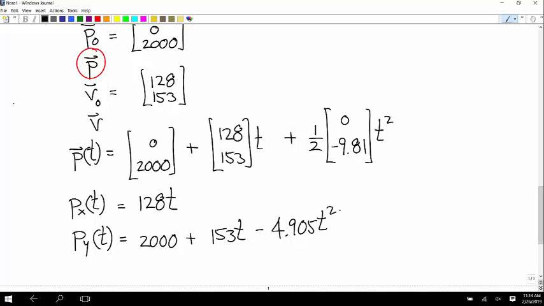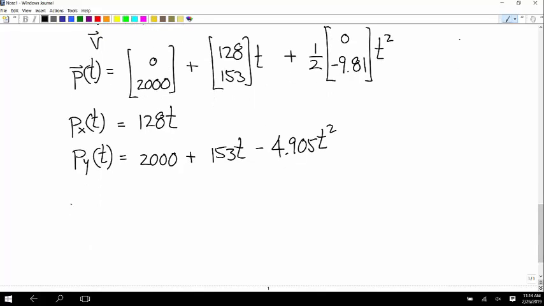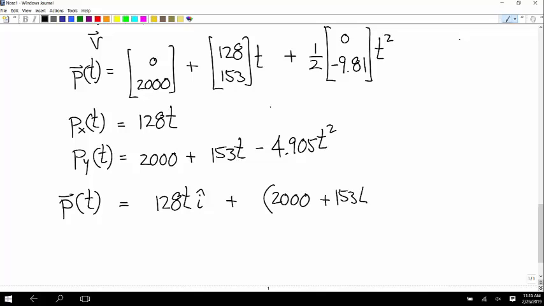Those mean the same thing. Or you could write it as position as a function of time is equal to 128t in the x direction plus the quantity 2,000 plus 153t minus 4.905 t squared in the y direction.